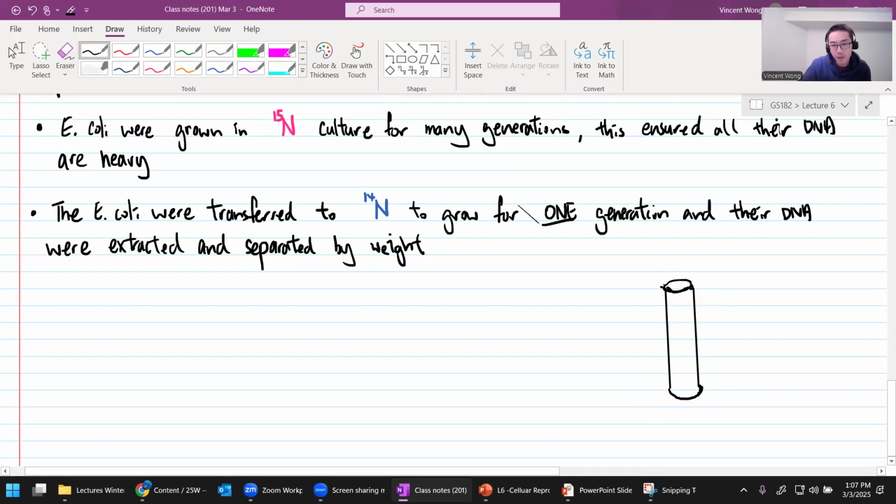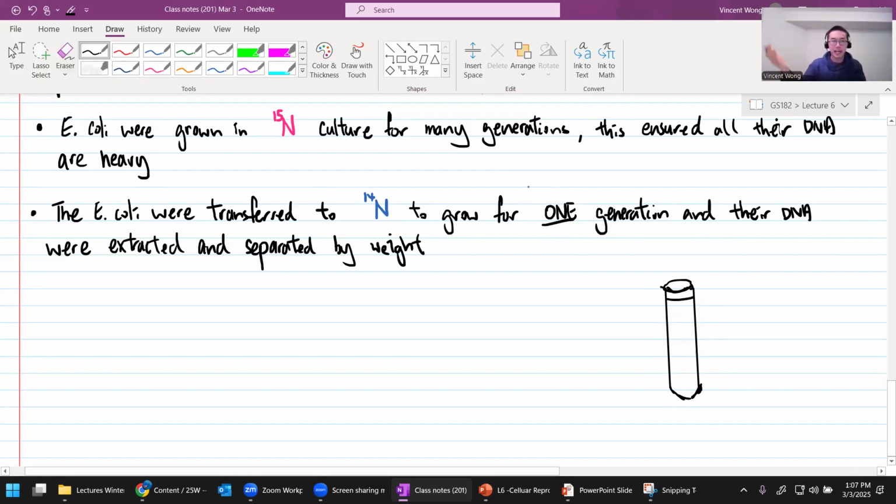Now, this test tube is filled with kind of like a gel, okay? It's not like if I put something in, it will fall right to the bottom. The gel is basically going to separate the content based on how heavy it is.